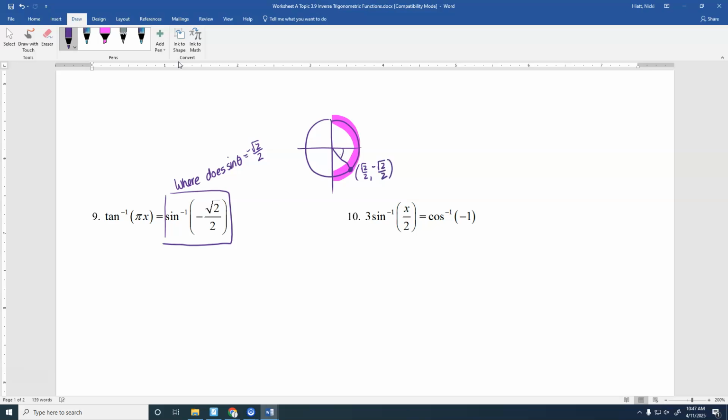What would I call that angle right there? It is negative pi over 4. It is also going to be 7 pi over 4 on your unit circle, but we have to use negative angles when we're in that first quadrant. So it equals negative root 2 over 2 at negative pi over 4.